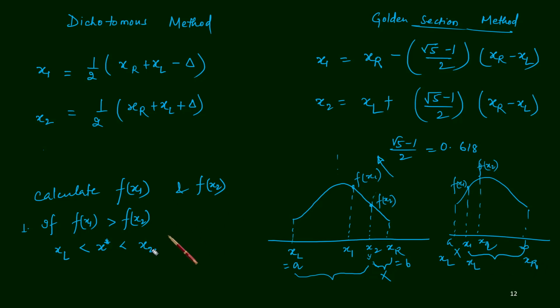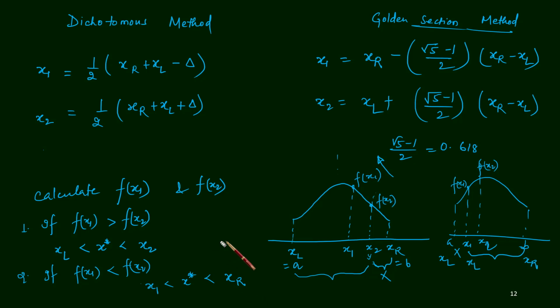So write down the second condition: if fx1 is less than fx2, in that case the maximum will lie in between x1 and xr. So x star will be in between x1 and xr.